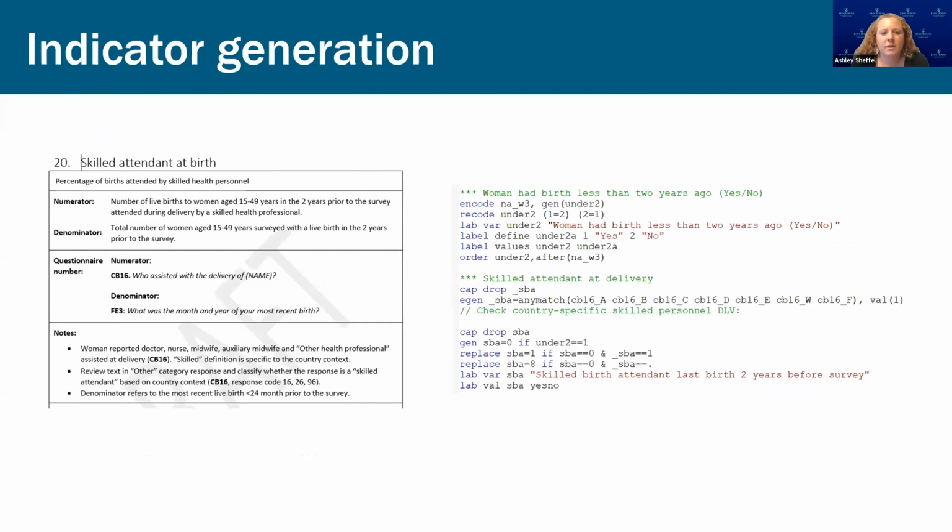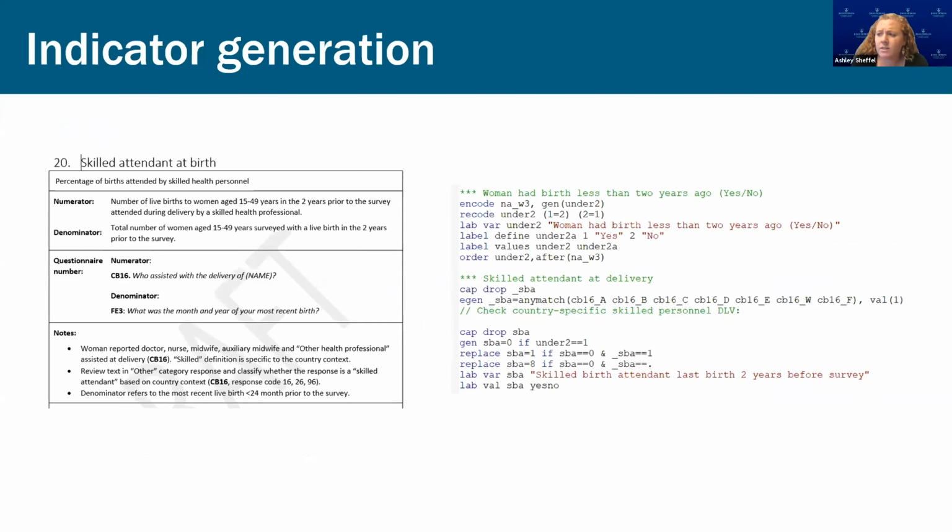So just to give you an example of what this might look like, on the left, we have an example of an indicator from the radar indicator sheets document. And on the right, we have an example of corresponding code in our Stata do file script. On the left, you can see the indicator here, skilled attendant at birth. We have the definition as the percentage of births attended by skilled health personnel.